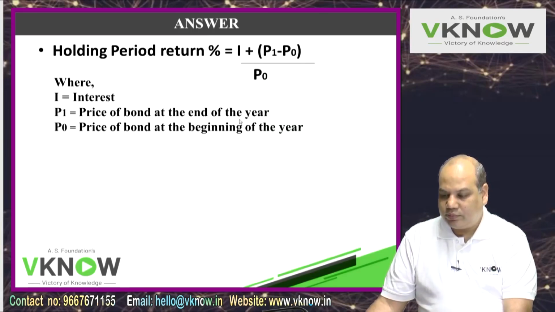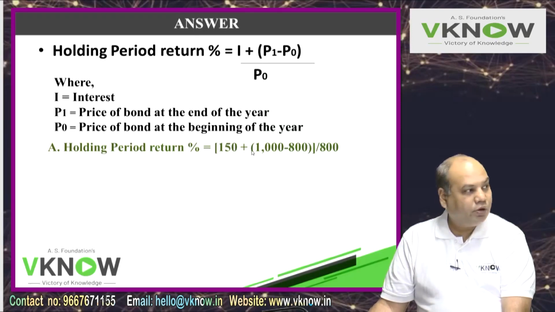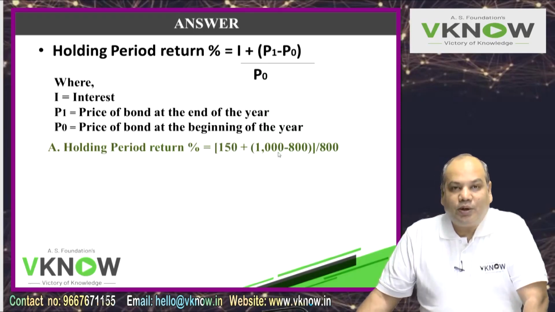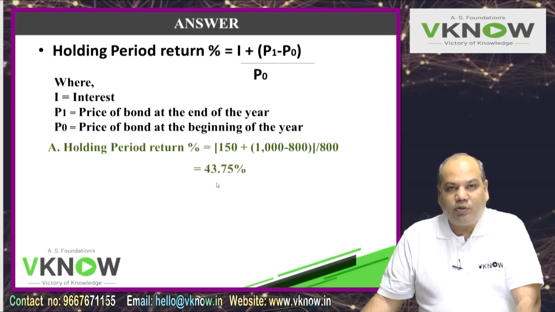After writing this, we will solve. First write down the answer of part 1, answer A. Holding period return percentage equal to, in the numerator write 150 plus 1000 minus 800, upon 800 in the denominator. So 150 plus 200, 350 divided by 800, the final answer will be 43.75%.